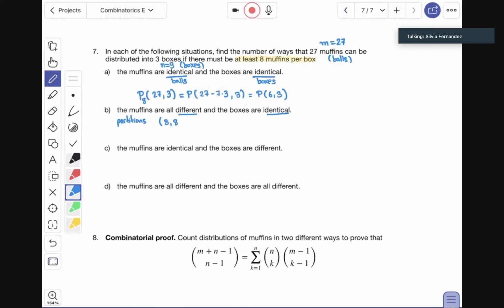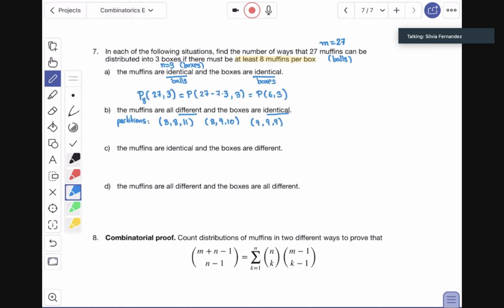So 8, 8, 11. Another partition is 8, 9, 10. And there's one more partition: 9, 9, 9. So those are all my partitions.